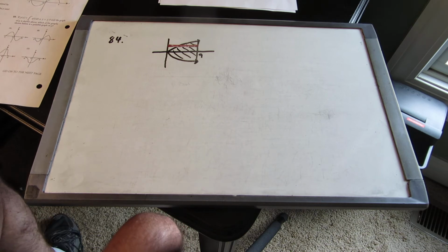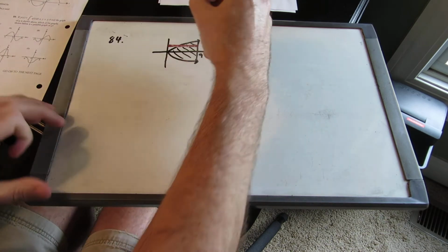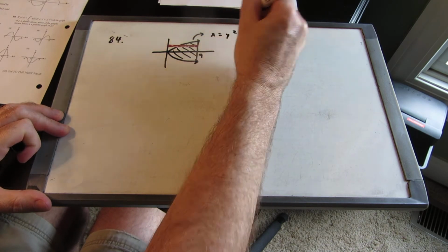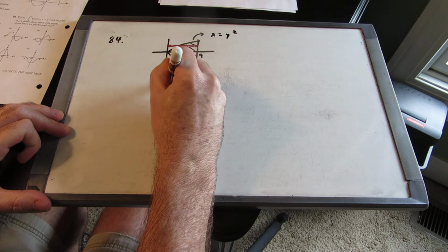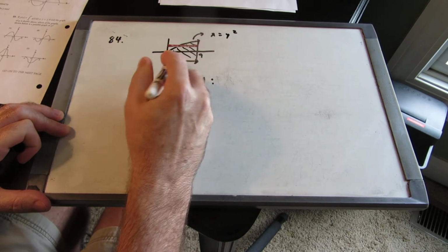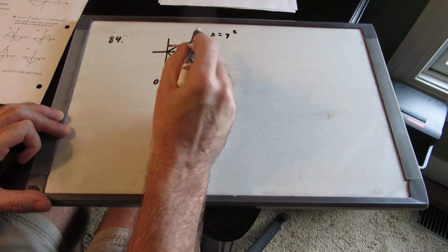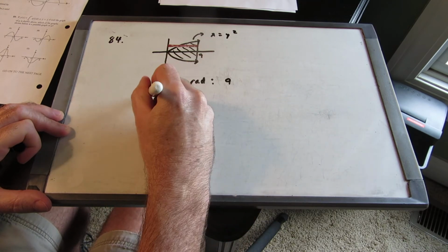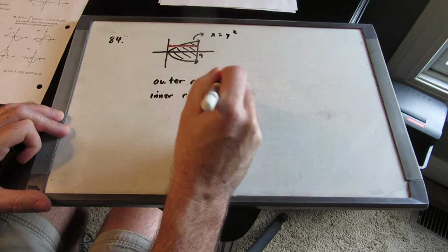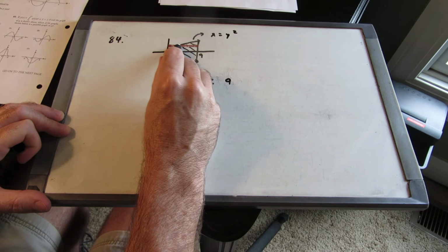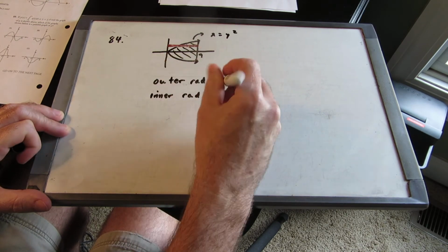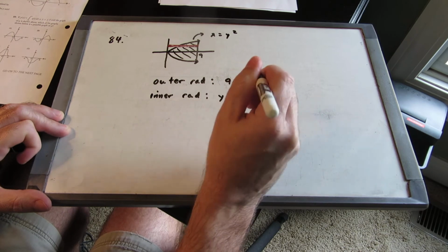So it's definitely going to be a y value type of problem. So we have x equals y squared. What's the outer radius? We're revolving around the y-axis, so it's just going to be 9. And the inner radius is from the y-axis to the first bit of material there, which is y squared.